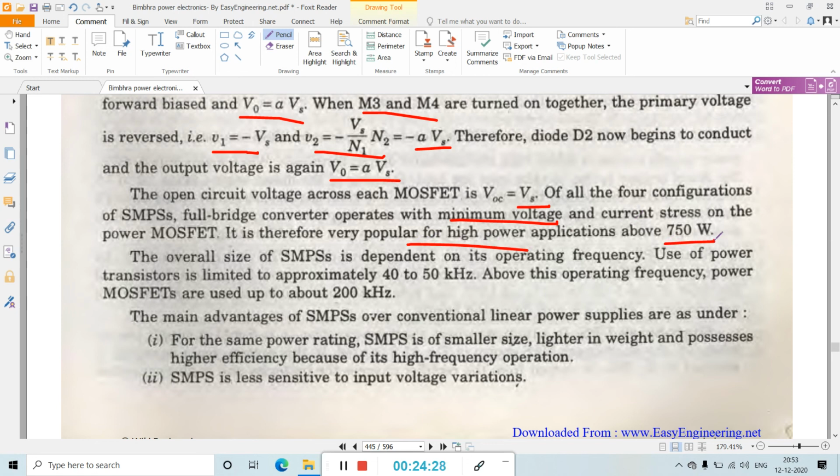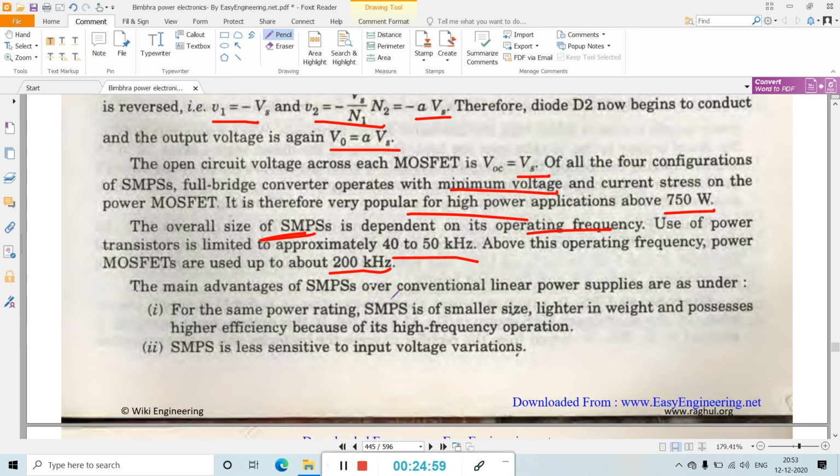The overall size of SMPS depends on its operating frequency. The use of power transistor is limited to approximately 40 to 50 kilohertz. Above this operating frequency, power MOSFETs are used up to 200 kilohertz.